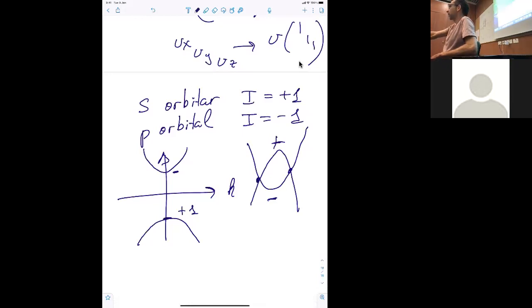This is one of the proposals to make a Weyl semimetal. You hybridize s and p orbitals from different atoms.